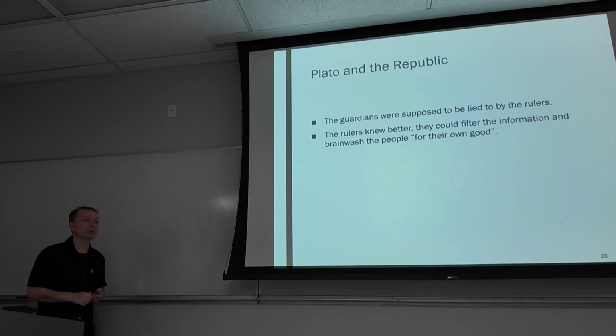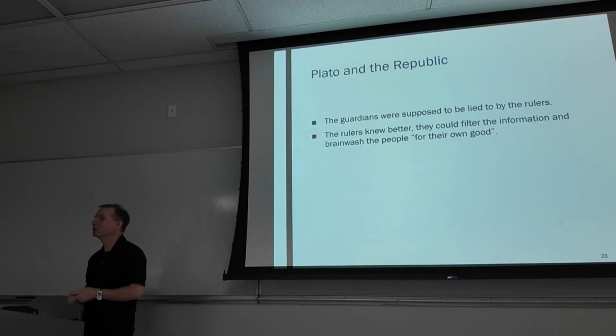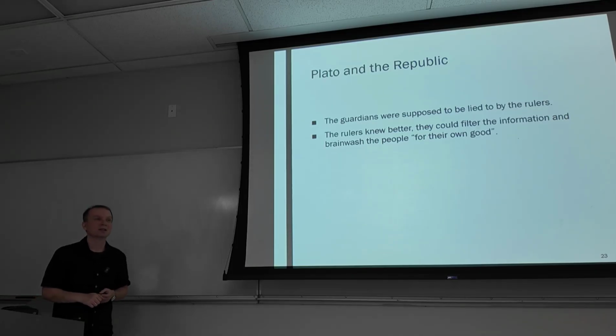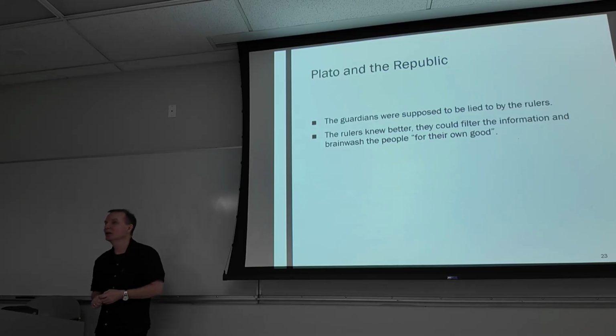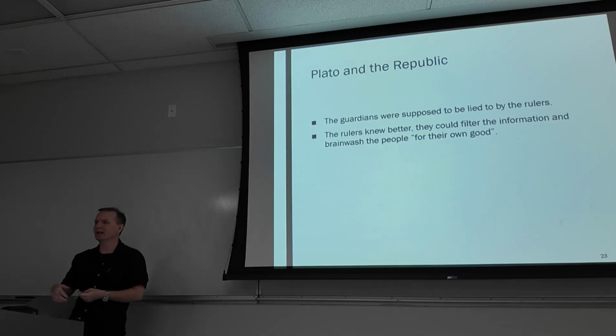Well, Plato actually didn't believe in autonomy much. Remember Plato's Republic? In a part which we didn't read, he discusses the fact that the rulers should manipulate everybody, and he's very, very straightforward about that. He said they should lie.